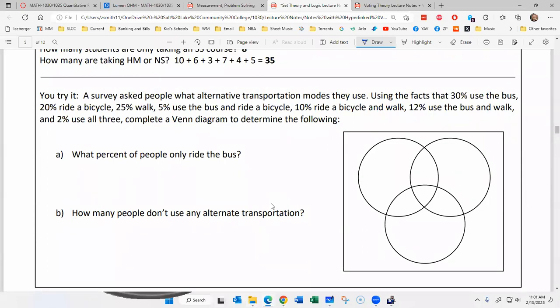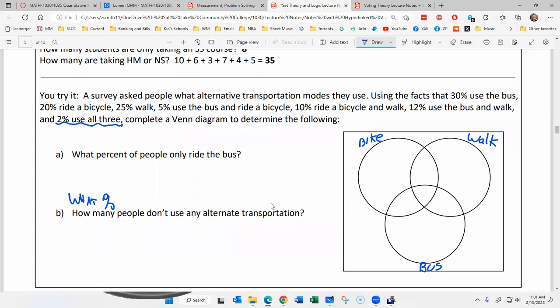If you need to fill out a Venn diagram to answer a question, like how many people don't use any alternate transportation, it should be what percent? Because we don't actually know how many people are involved. This is all percent. But let's say this is bike, this is walk, and then we also have bus. The one that uses all three, we start with.